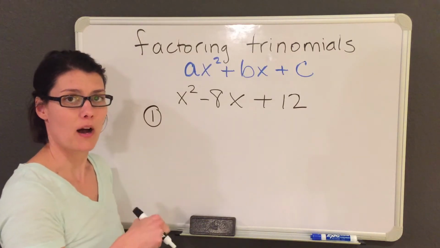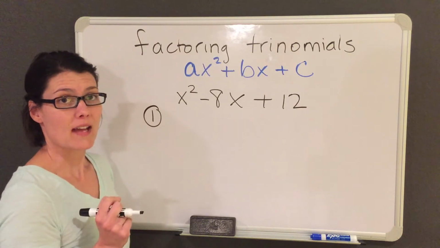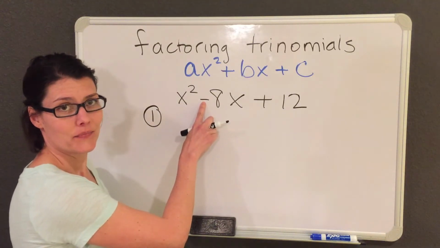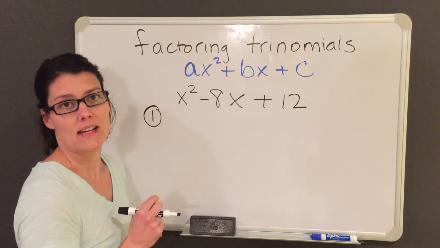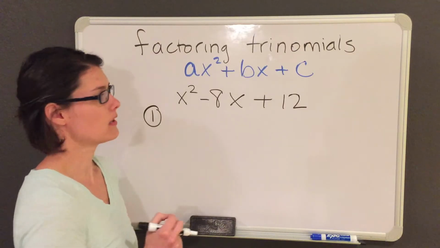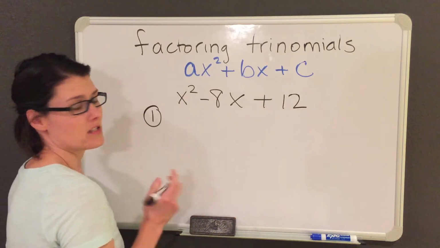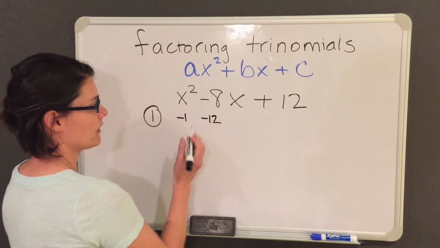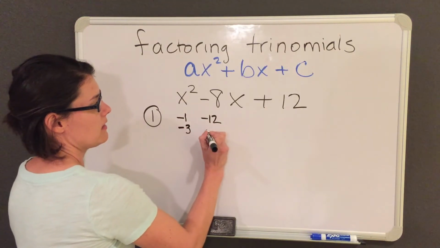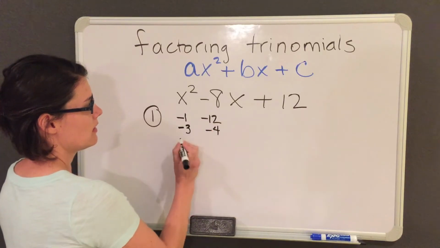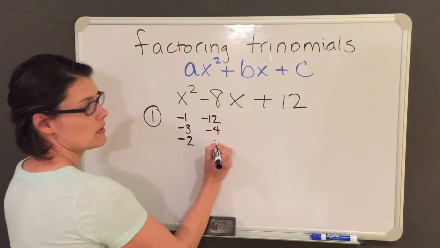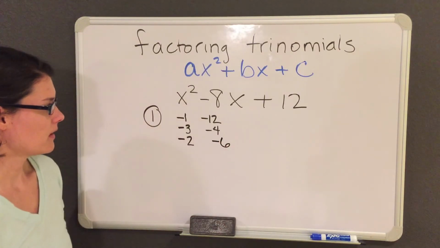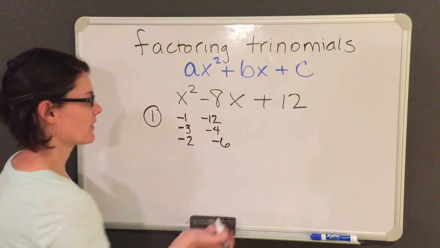Either both factors are positive or both factors are negative. In this case, I want a negative sum, so therefore I'm going to look at 2 negative numbers. So factors to give me a positive 12 are going to be negative 1 and negative 12, negative 3 and negative 4, negative 2 and negative 6. So that is step 1.